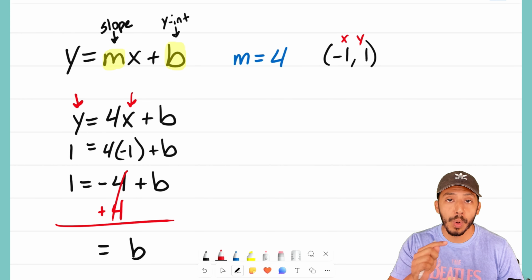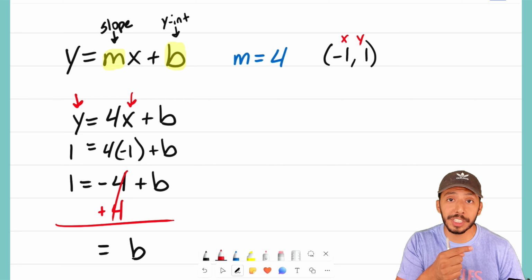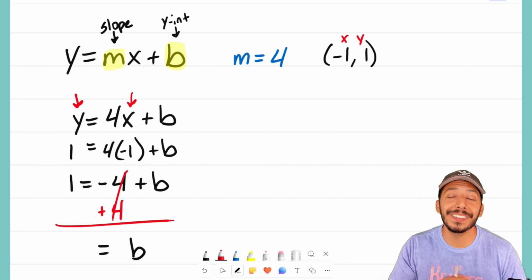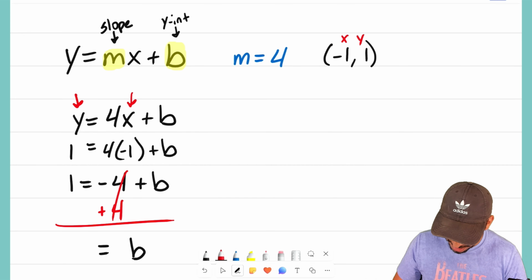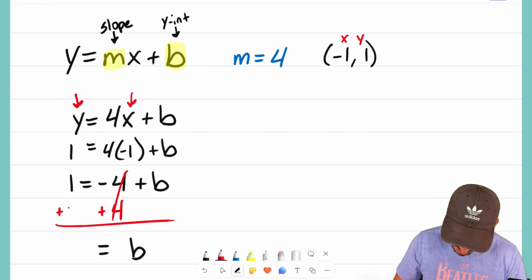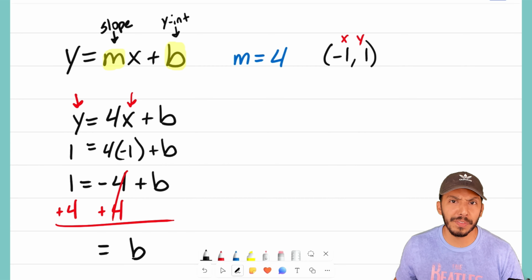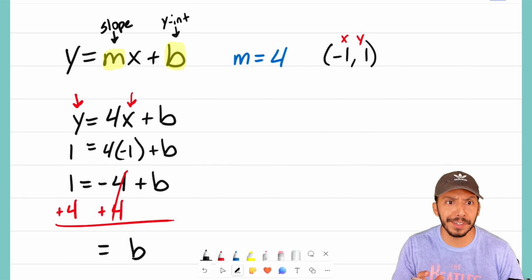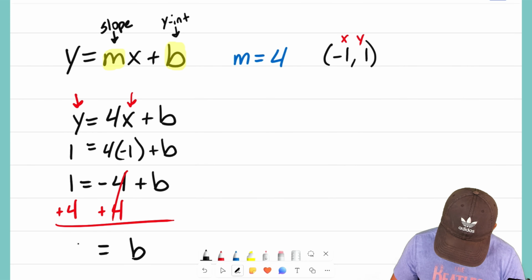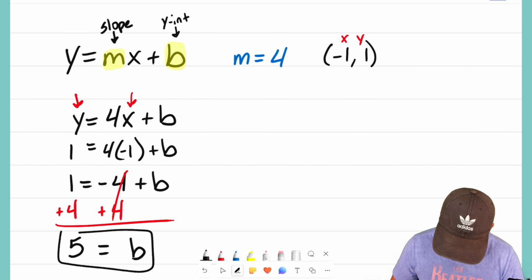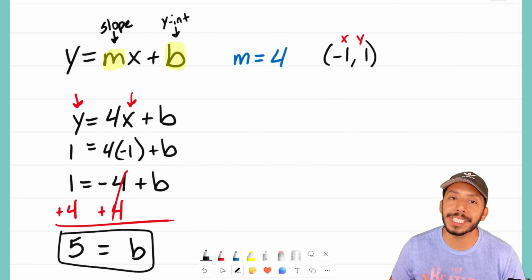But be careful. What I just did to the right side of the equation, I have to do to the left side of the equation. So if I added 4 on the right side, I definitely need to add 4 on the left side. And we can solve this without a calculator. 1 plus 4 gives us 5. So our b term for our equation is 5.